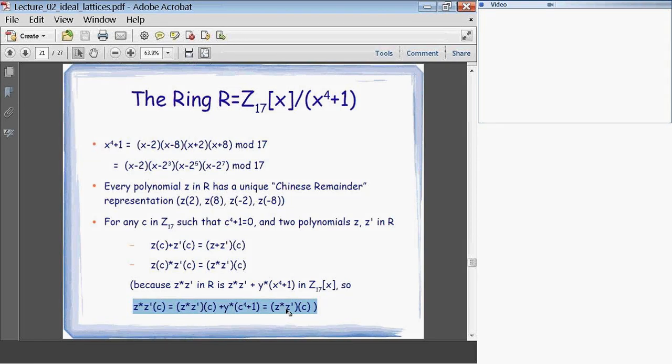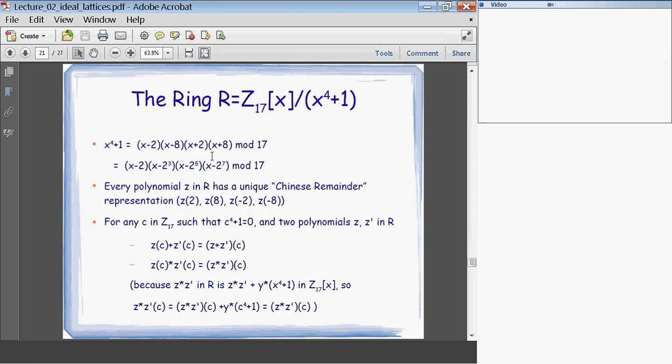All we're doing is multiplying the value of the polynomial at a specific point by the value of the other polynomial at that point. That's all we're doing. This is why, from a multiplication perspective, this operation can be done in a component-wise manner. This is the reason the representation is used: polynomial multiplication can be done efficiently using the CRT representation.